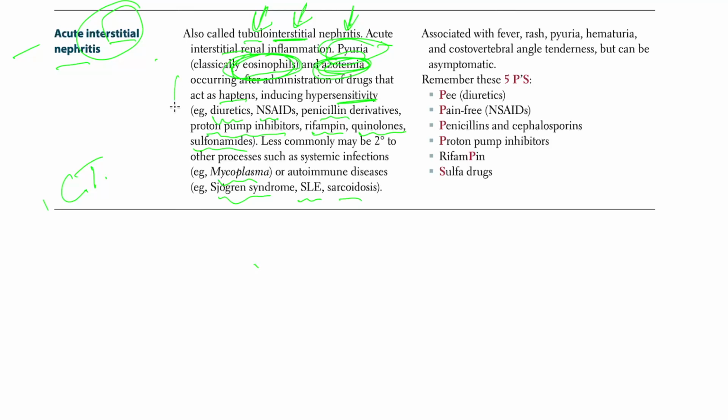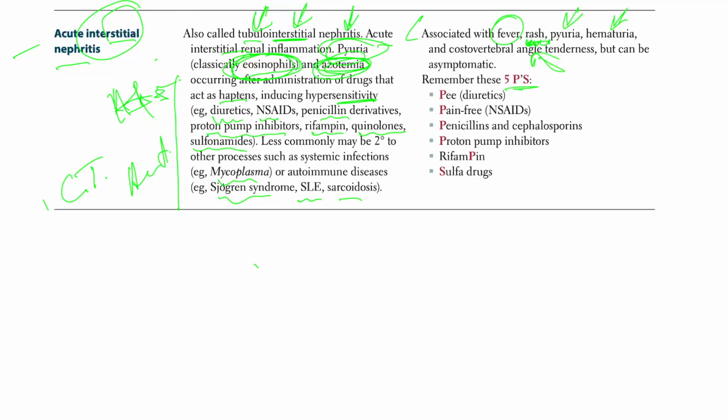So you have all of them, autoimmune diseases and the allergic hypersensitivity reactions. It is associated with fever, rash, pyuria, hematuria, and can be severe, but can also be asymptomatic.